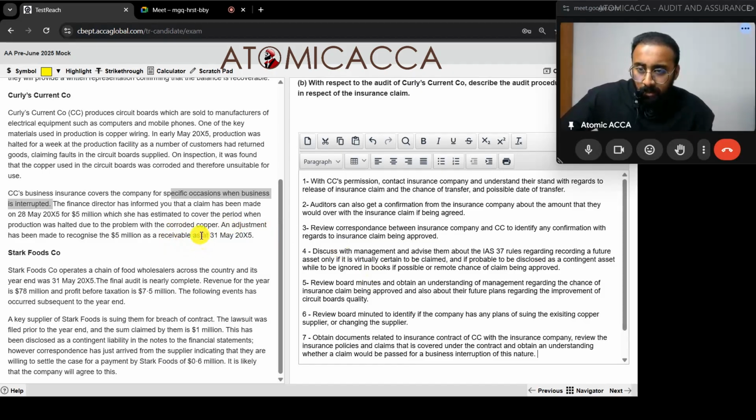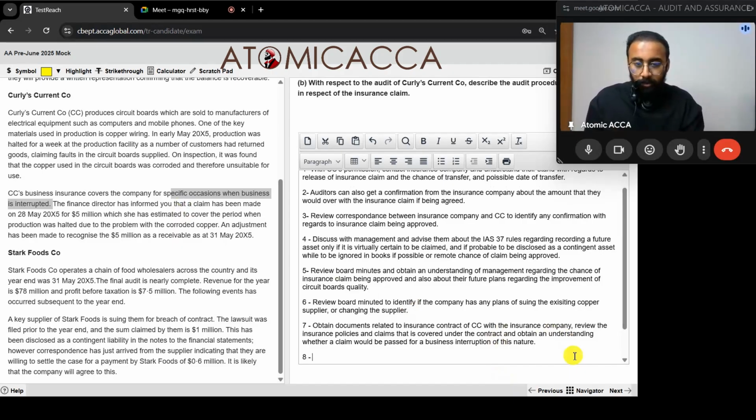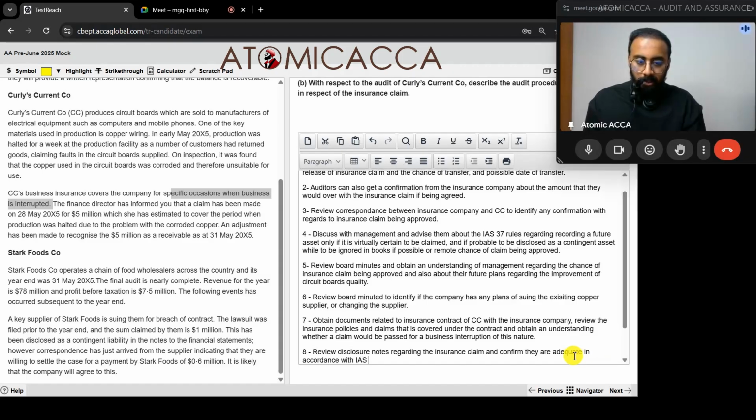Then, our always-go-to final exit point, we can write about disclosure notes. Review disclosure notes regarding the insurance claim and confirm they are adequate in accordance with IAS 37.